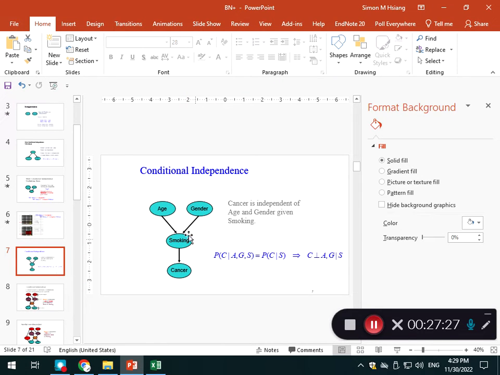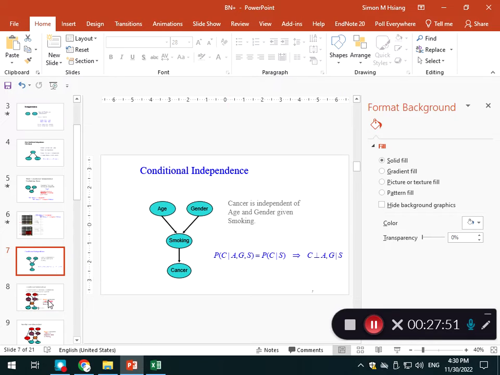So if I know you're smoking, then you will have cancer. The probability is not changing because I know your age or your gender. So we can say that cancer is orthogonal of age and gender given I know this is a smoker.